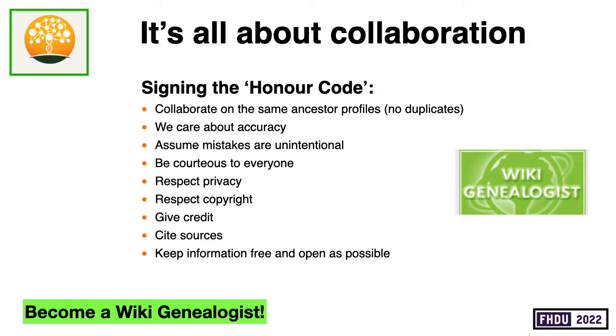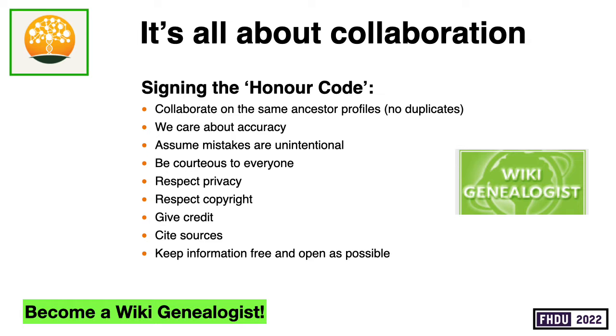We care about accuracy, so we want everything to be accurate. We expect that if people make mistakes, they were unintentional, that people are courteous and respectful, and respect people's privacy and things like copyright.